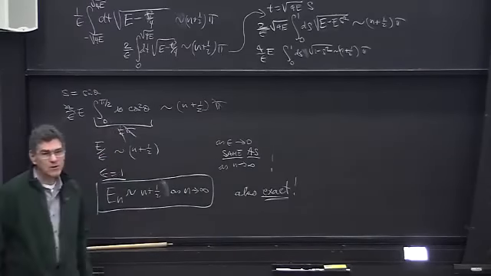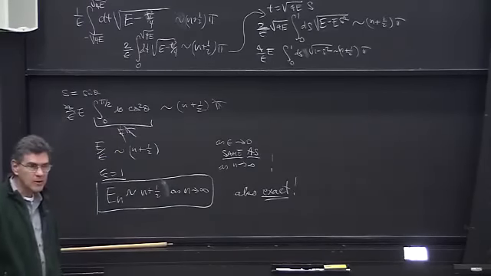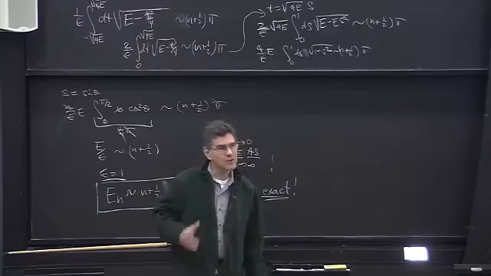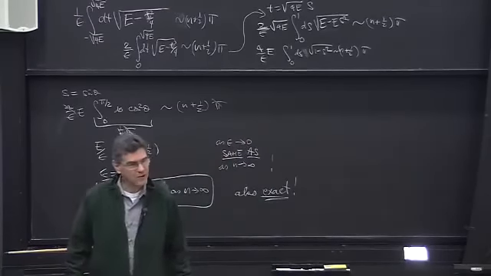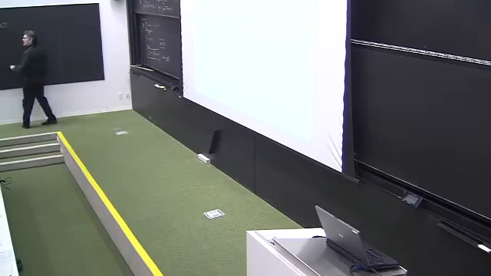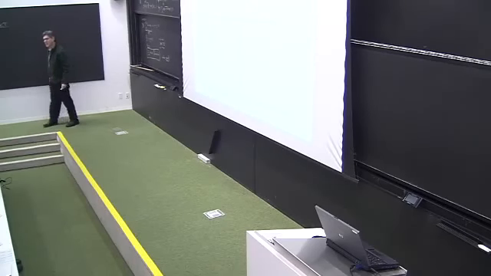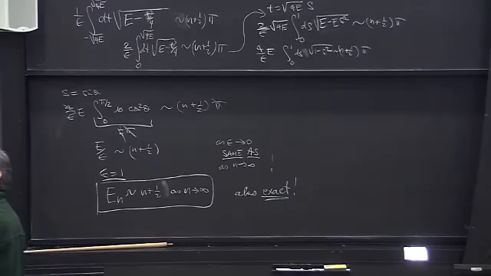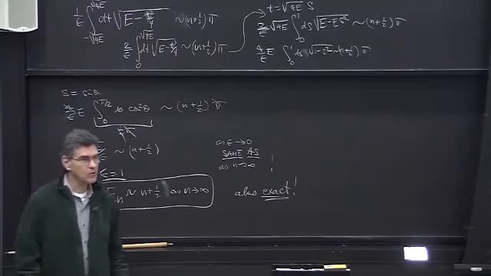So how about working out something a little bit more complicated? We need to know a fact, so this is a good place to write it down. If you are interested in other potentials, you need to know one interesting fact: if you have an integral from 0 to 1 of dt, t to the a minus 1 times 1 minus t to the b minus 1, you can evaluate that integral.